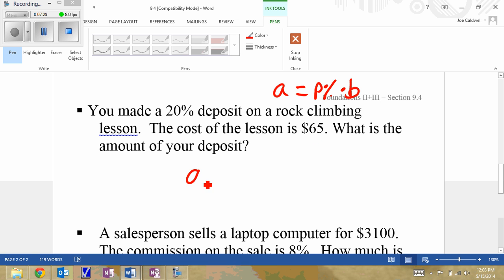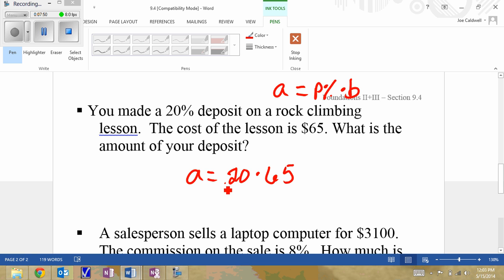Okay, so we have A, because we don't know the part that we paid. The deposit is like a little bit you put down before you go. And we know the percentage, and of course written as a decimal. And we also know the whole, which is 65. And so there isn't really any algebra here.